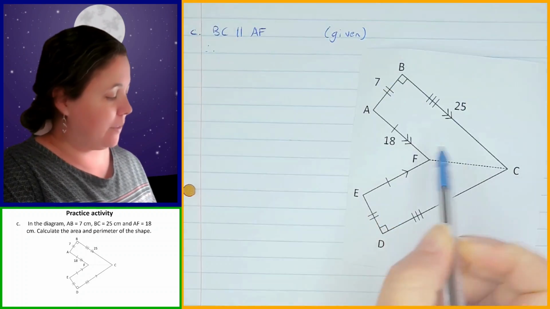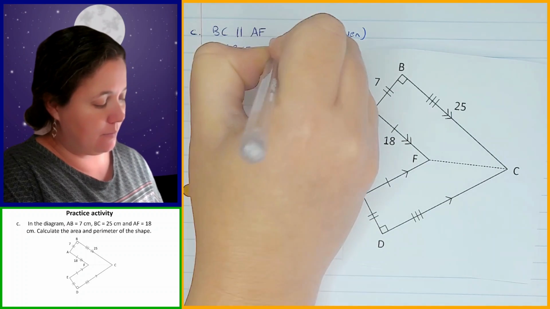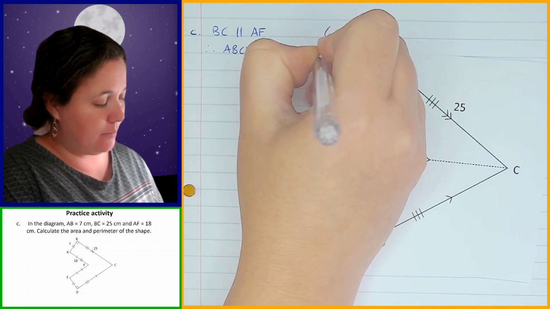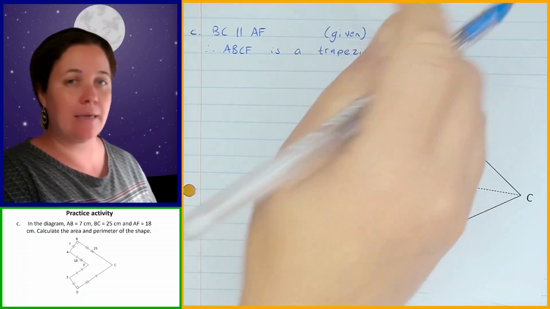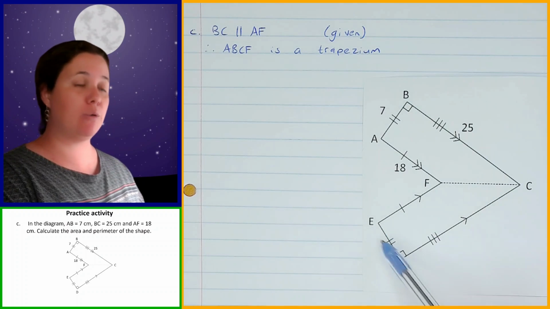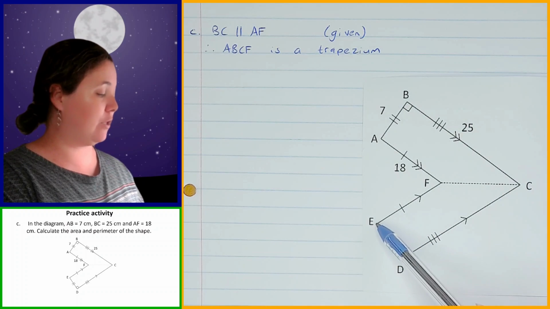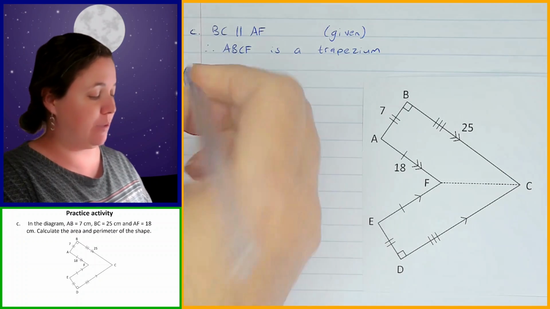So therefore, ABCF is a trapezium. Okay, then with this one over here, it's the same thing. I've got EF is parallel to CD, which means that this is also a trapezium.